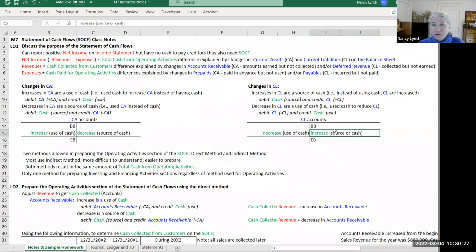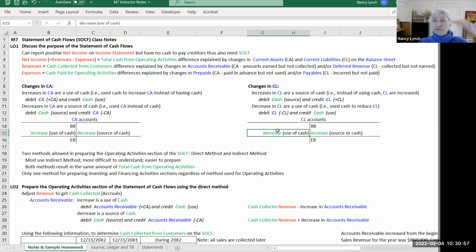If we're talking revenues, we would add it, meaning if this was deferred revenues and there was an increase in deferred revenues, it means I collected more than I earned. If we're talking payables, it means I gave IOUs instead of cash. So my expense on my income statement will be greater than my cash paid, because it means I didn't pay for all my expenses. I hung on to some of that cash.